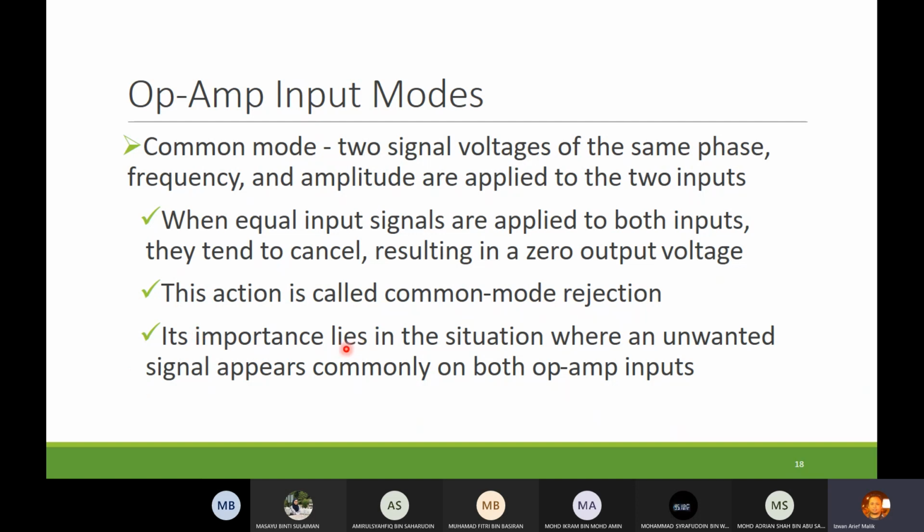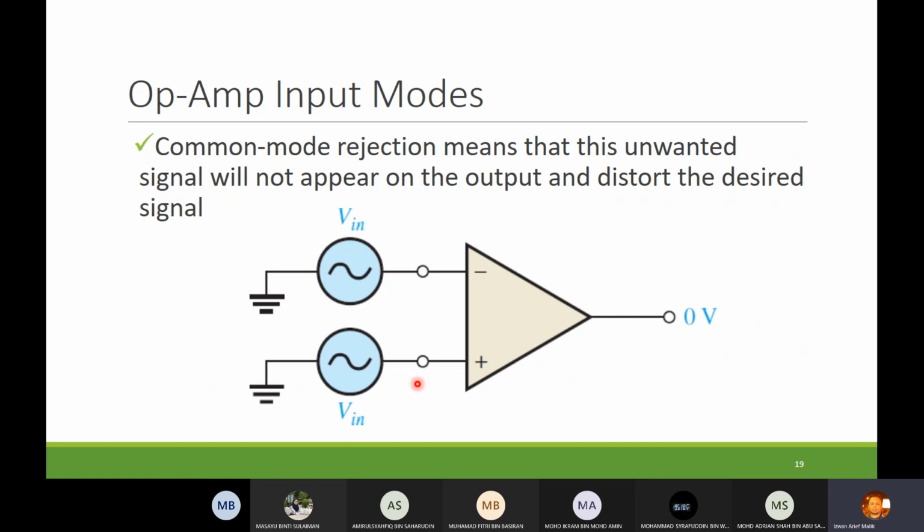So its importance lies in the situation when an unwanted signal appears commonly on both of these op-amp punya input. Kalau dia sama, okay. So CMRR ni, common mode rejection, means that this unwanted signal will not appear on the output and distort the desired signal. Okay, so output dia akan jadi 0 volt.